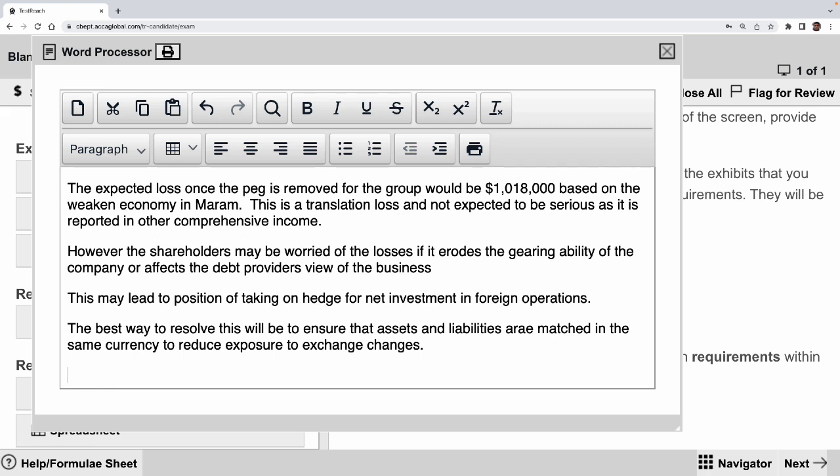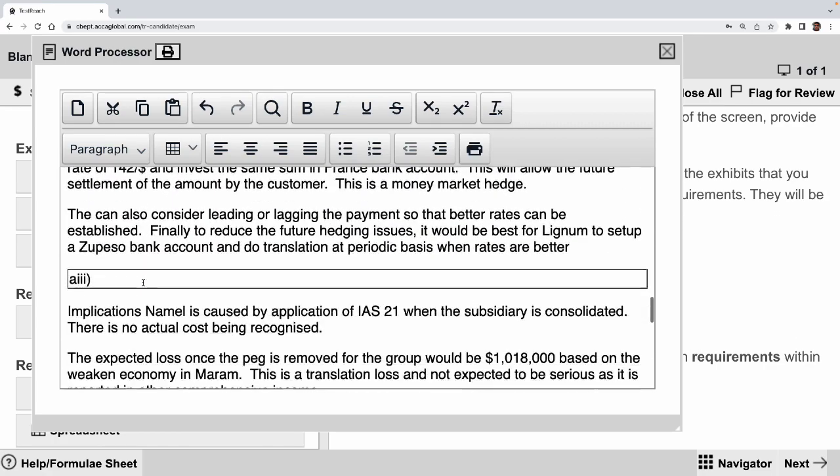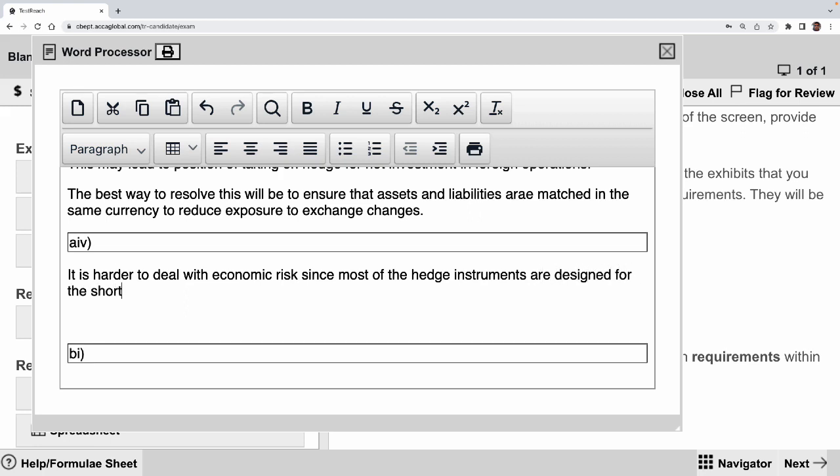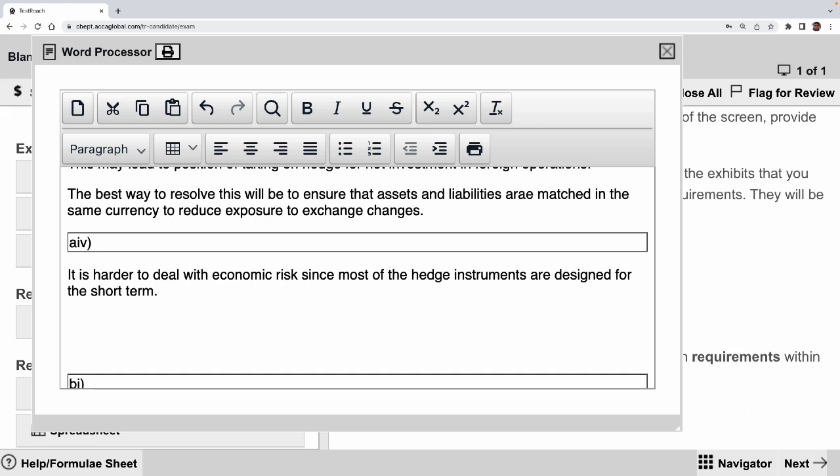So that covers this issue. They're all designed for short term, okay?